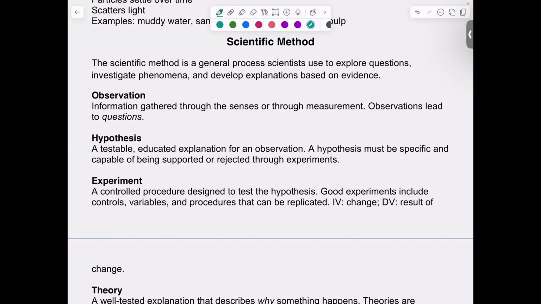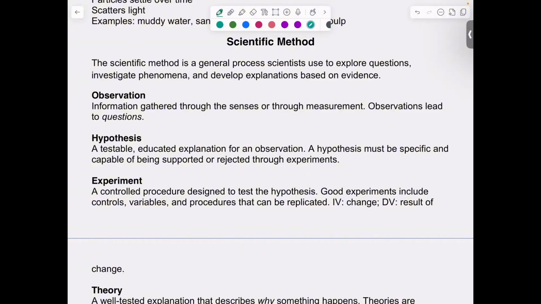Now, the IV and DV notation, that just simply means independent variable and dependent variable. And those are common questions they might ask you in chemistry and even in physics or biology, where you just have to identify, given the layout of an experiment, which part is the independent variable and which part is the dependent variable.